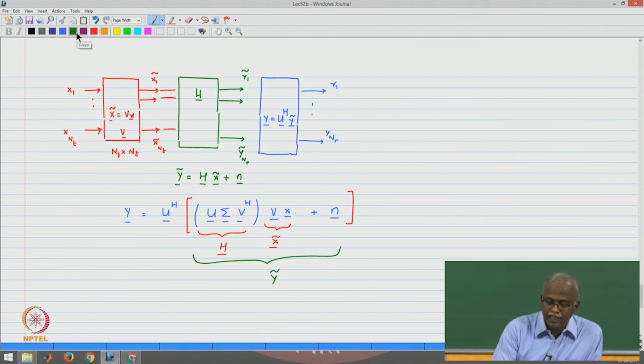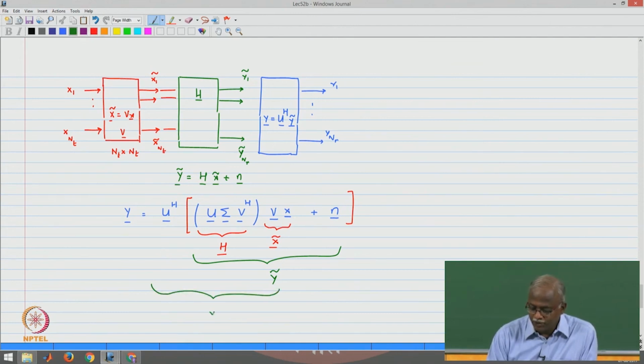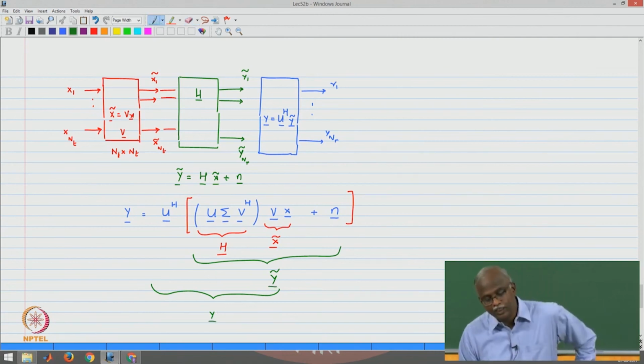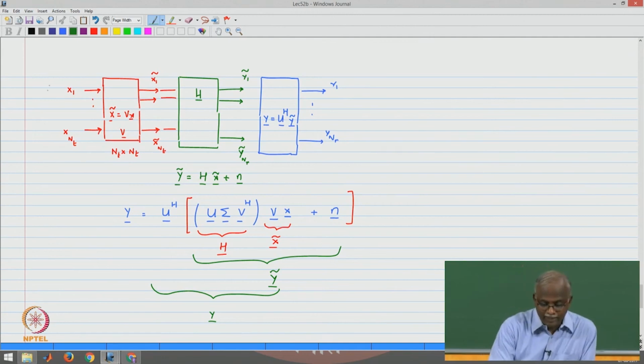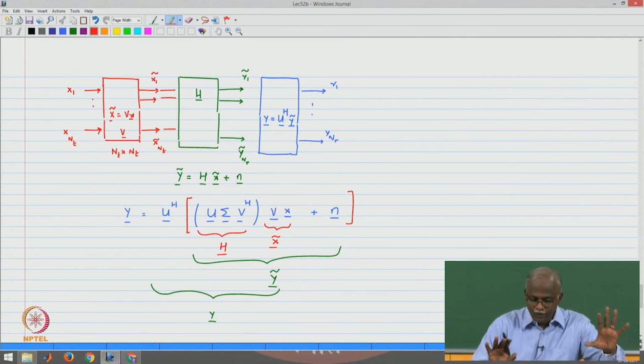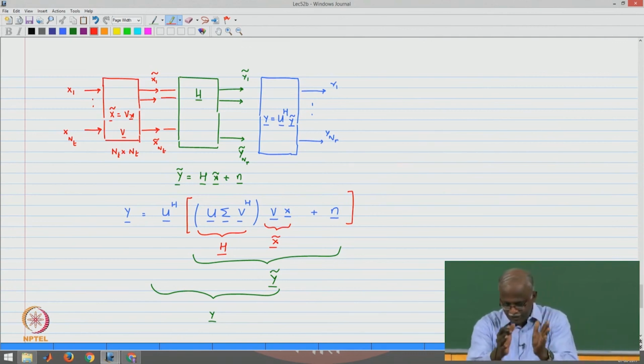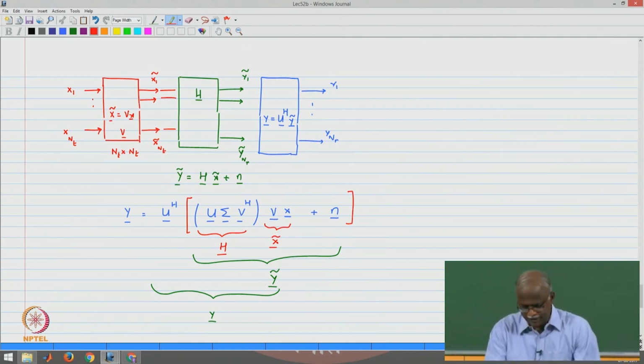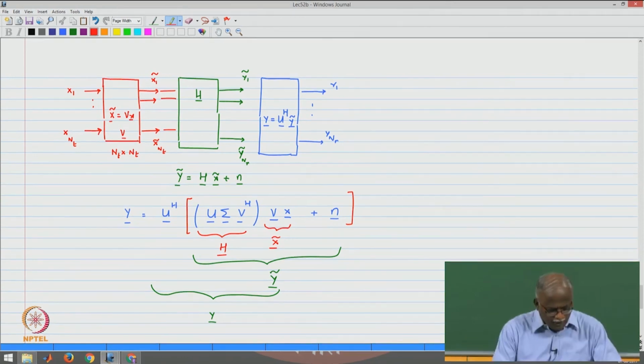That becomes the final step where this becomes equal to the vector Y. Interesting way to visualize it. It is a transmission from NT transmit antennas to NR receive antennas. That is the original structure, but we have split the transmission process into a pre-coding step, the MIMO channel followed by a post processing step, and this is a good way to visualize it.